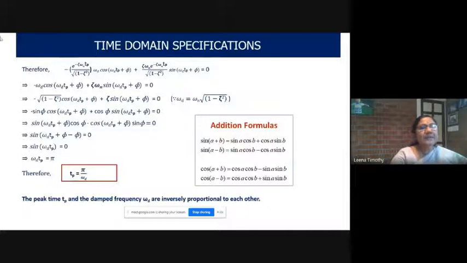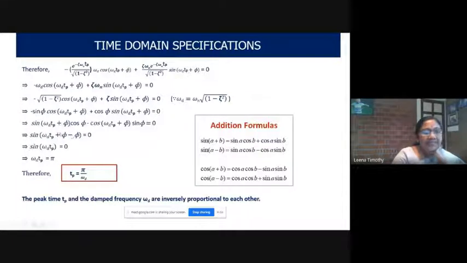Omega n will get cancelled, then remaining root of 1 minus zeta square cos of omega d Tp plus phi, plus zeta sin of omega d Tp plus phi, is equal to 0. And we know root of 1 minus zeta square is equal to sin phi, and zeta is equal to cos phi from that triangle.